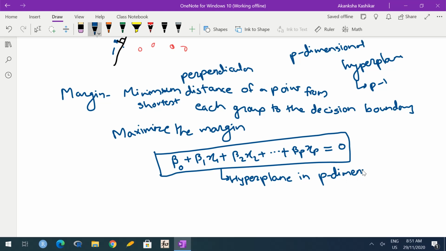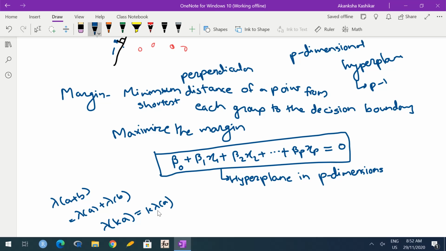Now couple of things. Have you heard about linear transform? What is a linear transform? A linear transform generally satisfies two properties. If lambda is a linear transform, then lambda of a plus b is lambda a plus lambda b, and lambda of k a, if k is constant, is k times lambda a.